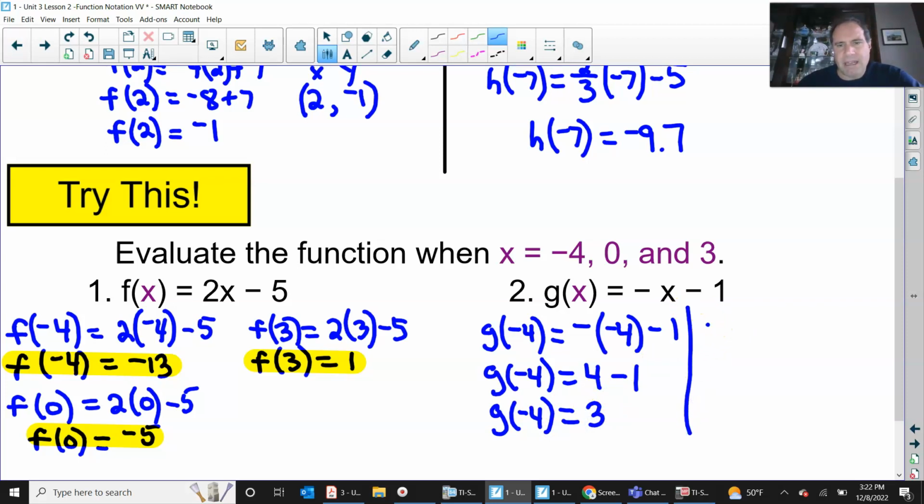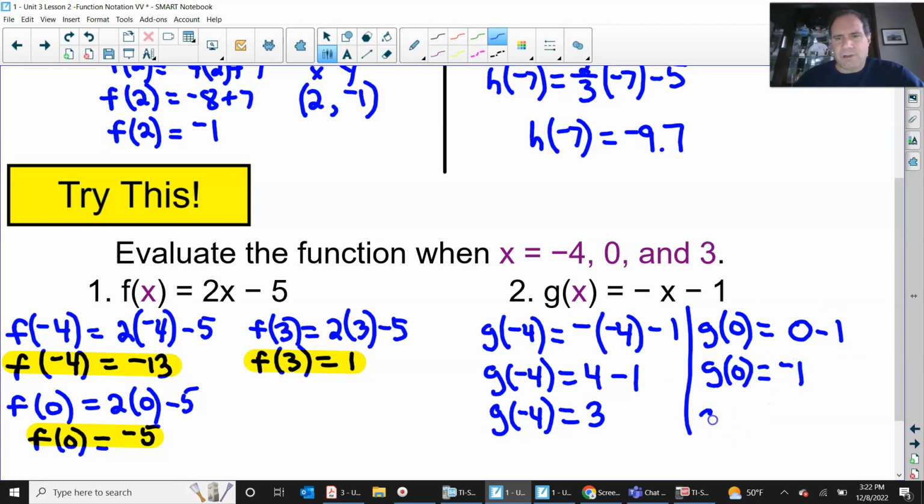Let's go ahead and substitute 0 in, and 0 is going to be an easy one. 0 is not positive or negative, so you just leave it that way, minus 1. So g of 0 equals negative 1.